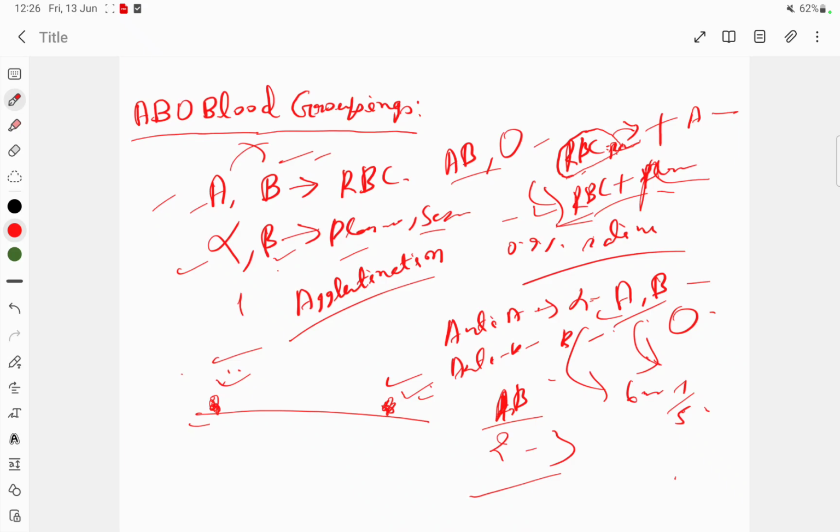Now during blood transfusion, matching and cross matching should be done to avoid transfusion reactions. What are the transfusion reactions that may take place?